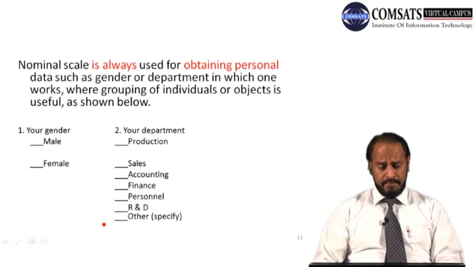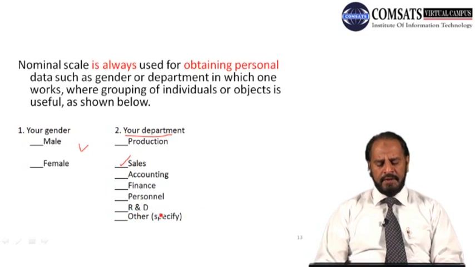The following is an example. You could ask the department where you're working, and you just take one of them, because these are all the possible choices. Sometimes you might include something called others, in case the survey is given to a department that has some other type of department, so you can mention the department.